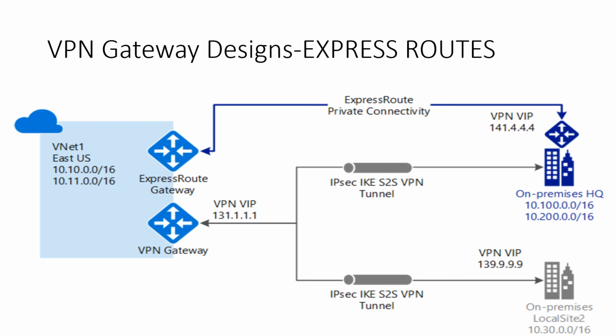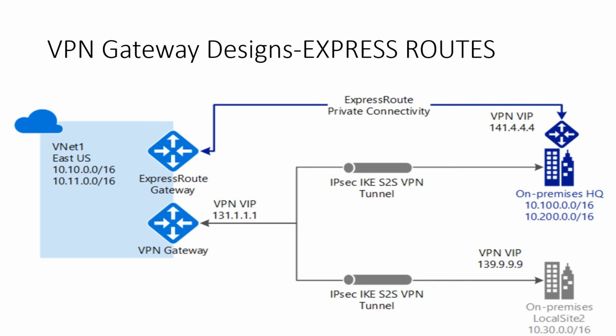Remember, we can create only one VPN gateway in one network, or one ExpressRoute gateway type in one network. We cannot create two VPN gateways in the same network. Here, ExpressRoute connectivity is between your HQ and your virtual network on Azure, and the VPN is connected through this public IP with your HQ.